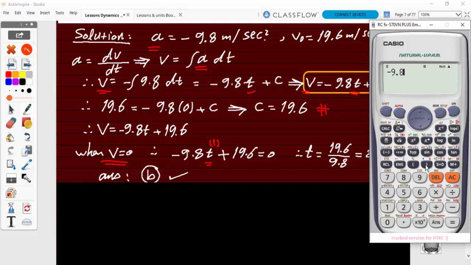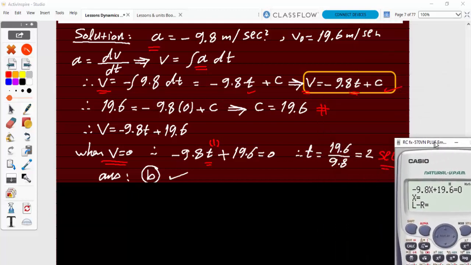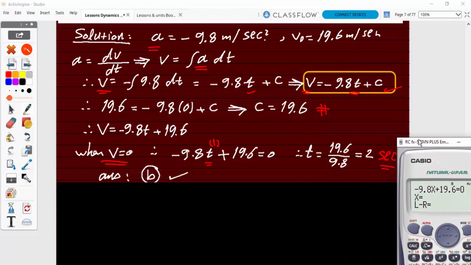So negative 9.8x plus 19.6 equals 0. Okay, don't press equal. We want to solve for x, we want to solve for t. So shift solve. Then we must press equal here. The result equals 2. So t equals 2.